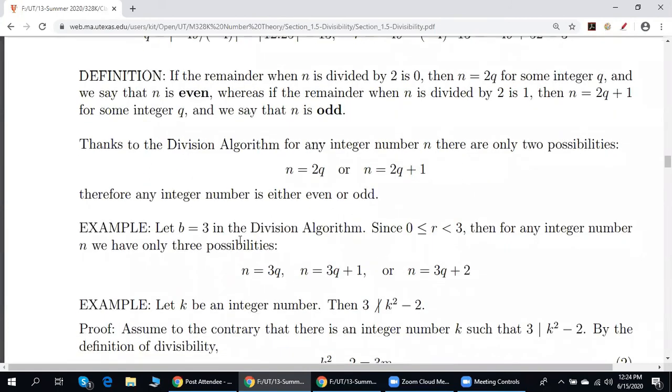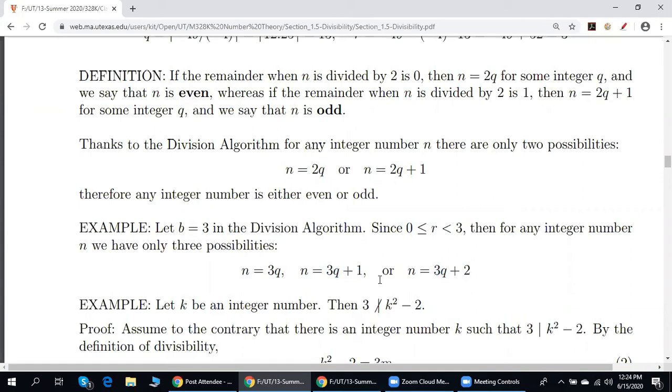Similarly, if b is equal to 3 in the division algorithm, we come up with the following conclusion. Any integer n is either of the form 3q, or 3q plus 1, or 3q plus 2.